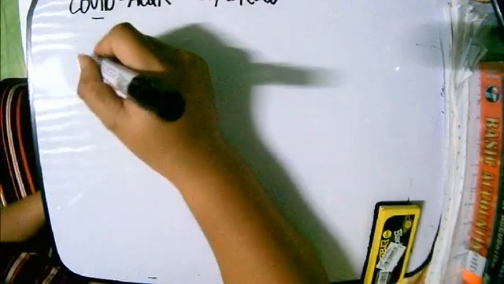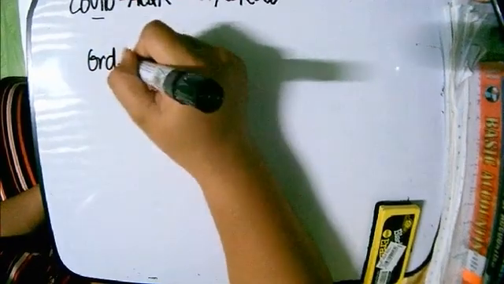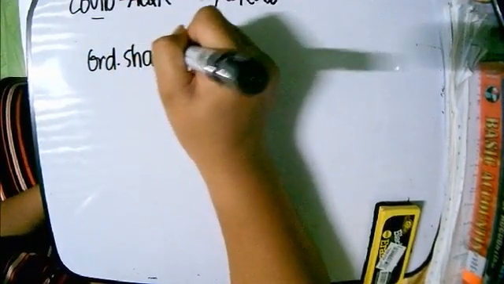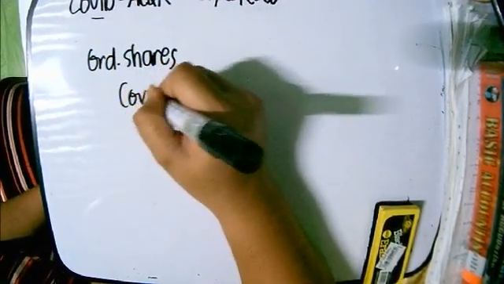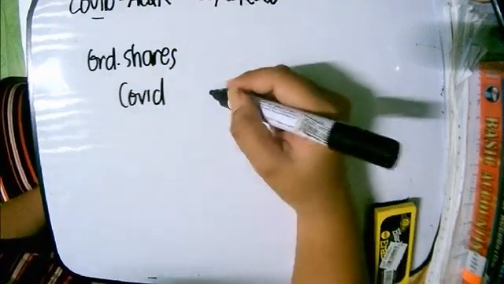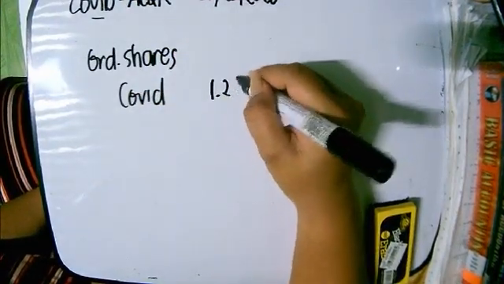So, sige. Jump tayo dito sa number 6 question. So, question number 6, what amount will be reported for ordinary shares? So, ordinary shares, so si COVID, meron siyang 1.2 million.